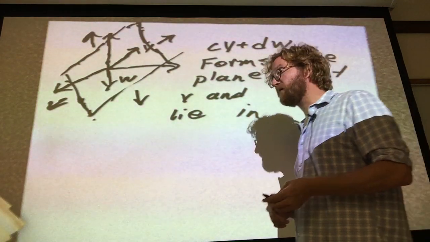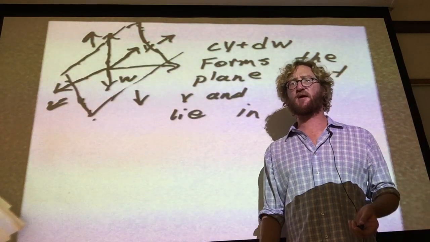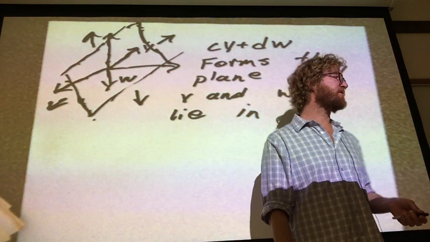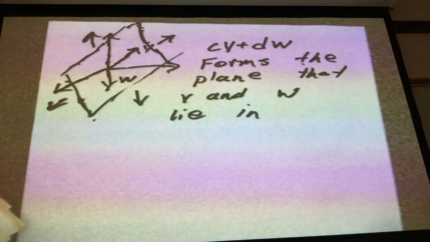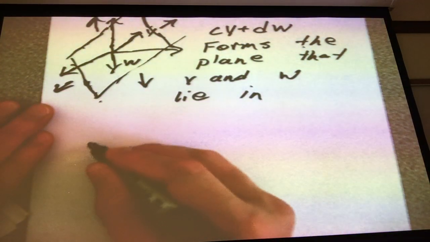So what does linearly independent mean? Well, that means that you got two vectors in that plane, and then you got a vector that's sticking out of that plane. So if you have two vectors within a plane, okay, I'm just going to go ahead and draw this as a plane.